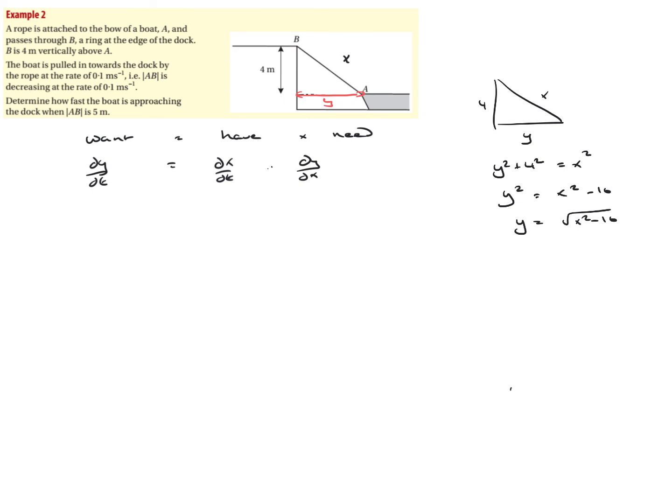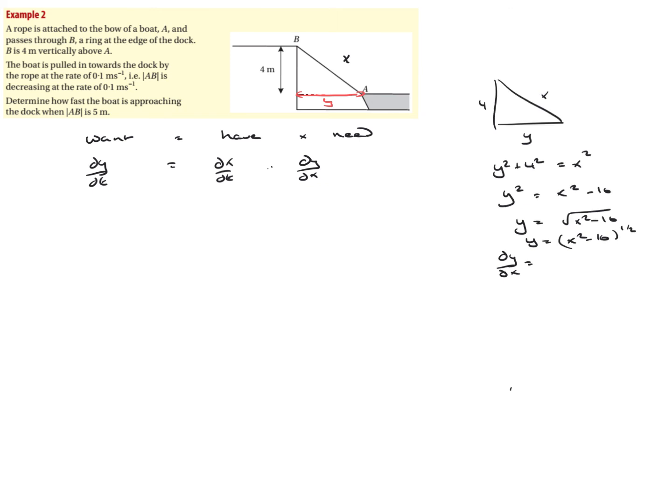So far so good, nothing too difficult here. Then I'm going to work out what that differential is. Before I do that, let's change this to y is equal to x squared minus 16 to the half, because we don't want the square root in there.